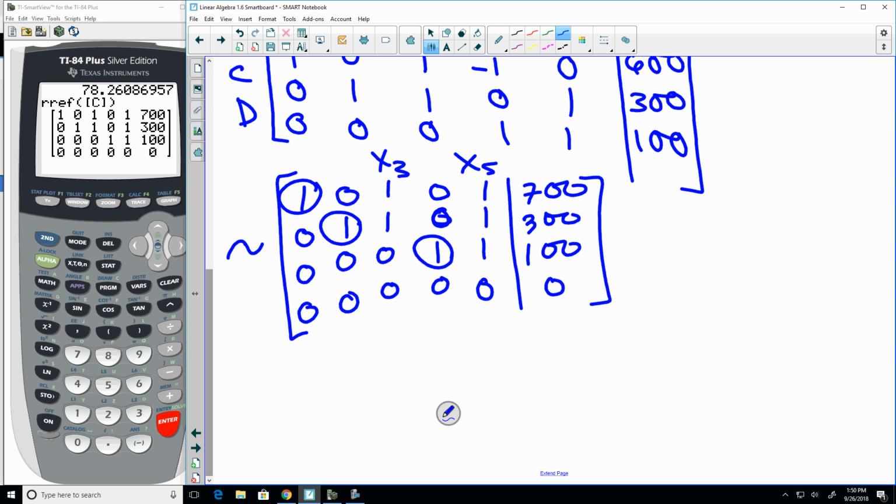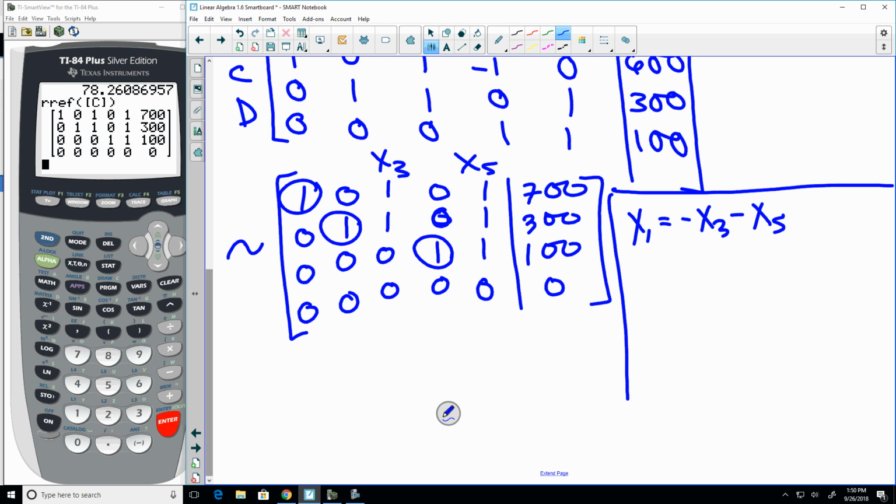All right, so we'll just do it out here. X1 will be equal to negative X3, negative X5, plus 700. X2 is negative X3, negative X5, plus 300.